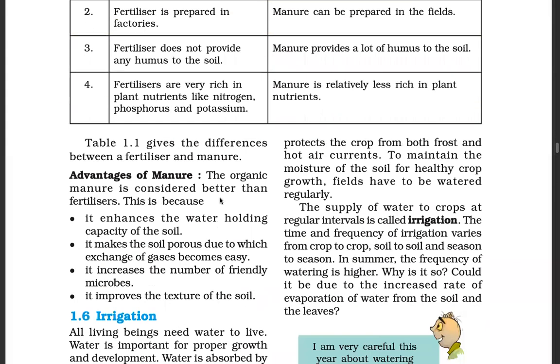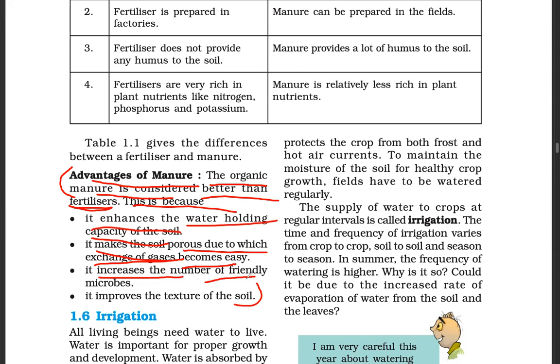Guys, I told you that there are two important questions and they are over here. So, advantages of manure over fertilizers. As I told you, this is an important question. Organic manure is considered better than fertilizers. This is because it enhances the water holding capacity of the soil. It makes the soil porous, due to which exchange of gases becomes easy.